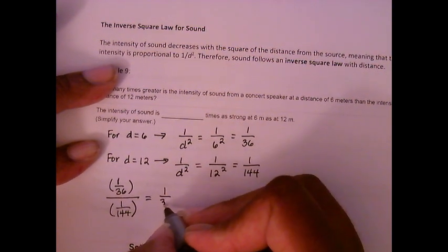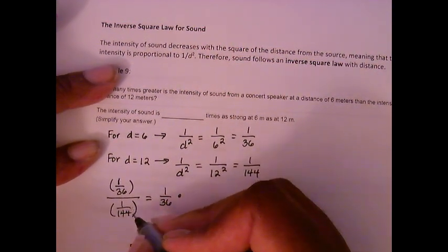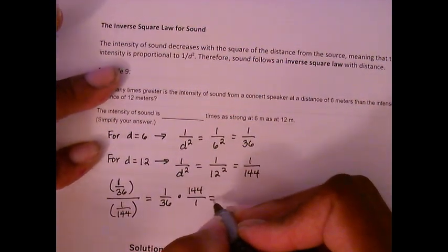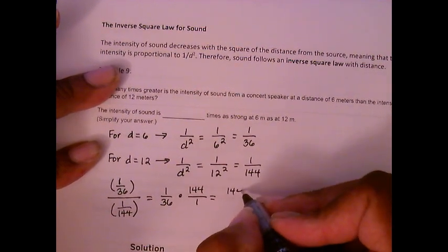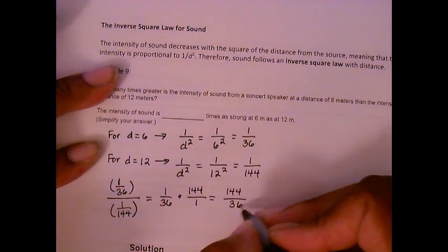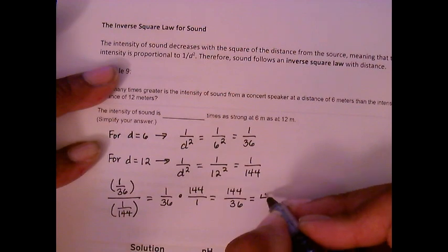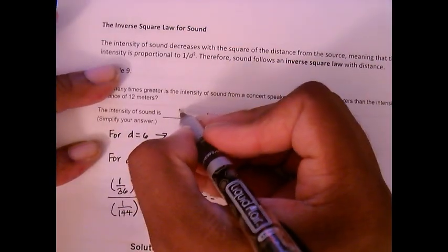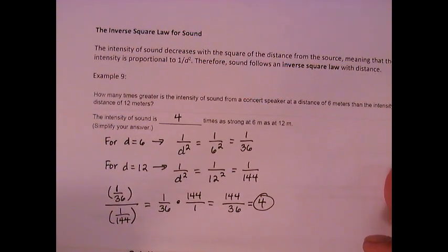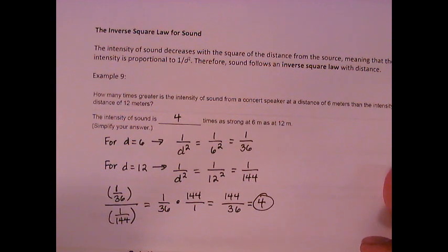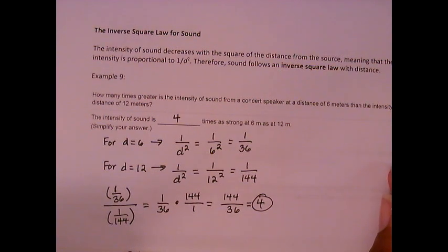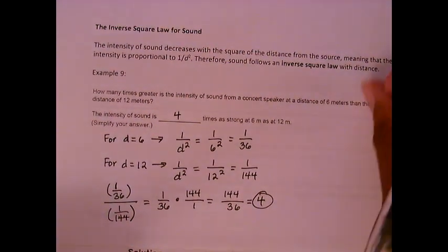So this will be 1 over 36 times the reciprocal. We flip 1 over 144 over, it will be 144 over 1. And we'll do 1 times 144, that would be 144. 36 times 1 will be 36. 144 divided by 36 will be 4. So the intensity of sound is going to be 4 times as strong at 6 meters as it is at 12 meters.